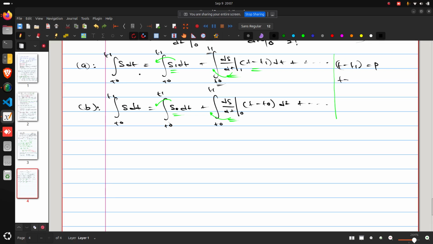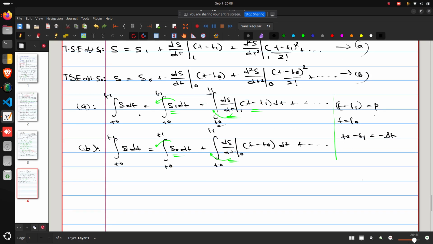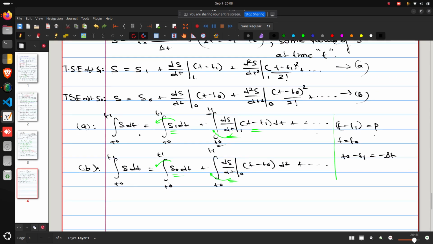So at t is equal to t0, p will become t0 minus t1, which is nothing but minus delta t, right? T1 minus t0 is delta t, so t0 minus t1 will be minus delta t. And what about the upper limit?